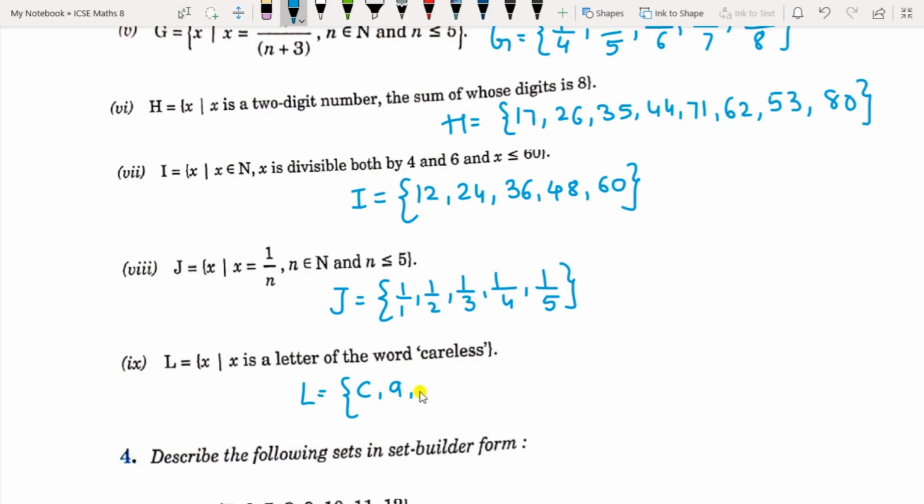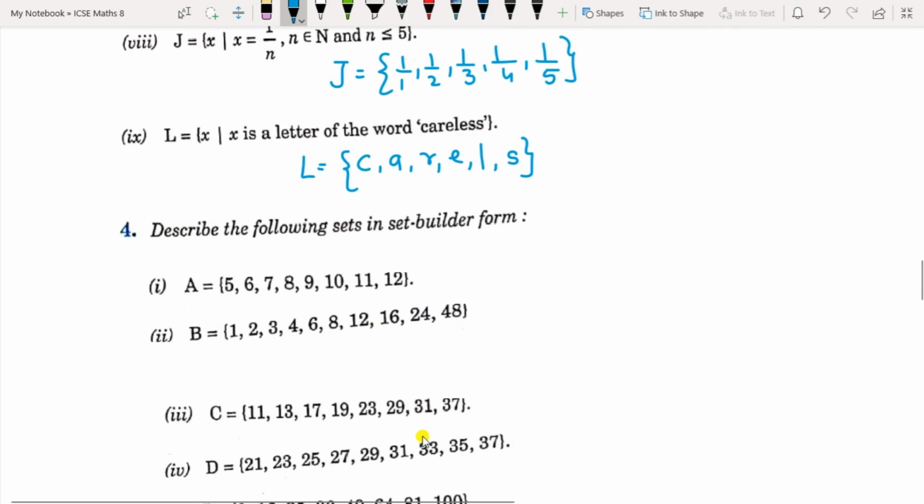C, A, R, E, L, again E is there, you have already written, and S, and one more S is there, so single you have to write. So these are the elements of the set L. So that was all about question number 3.